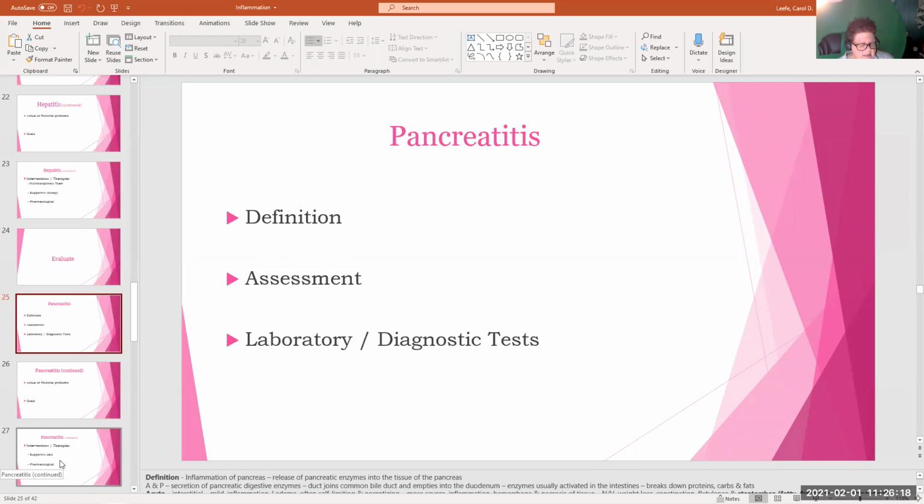Serum lipase, again, we're looking for 20 to 180. So anything over 180 international units per liter is going to be elevated, anything less than that is normal. It will be elevated for 7 to 14 days in acute pancreatitis. We talked about the glucose increase, right?